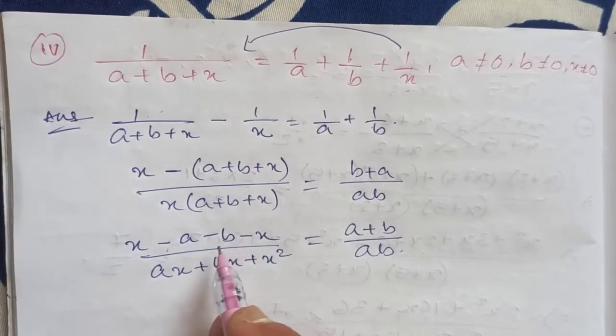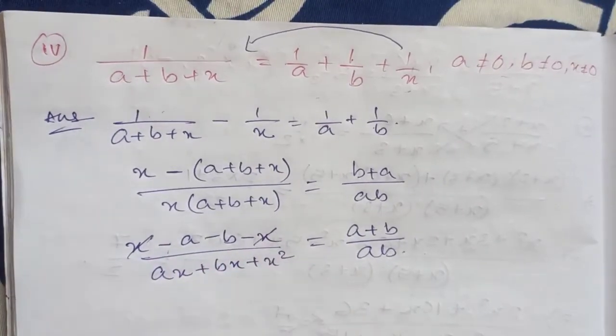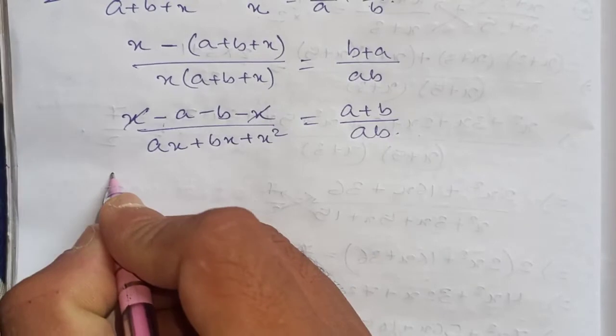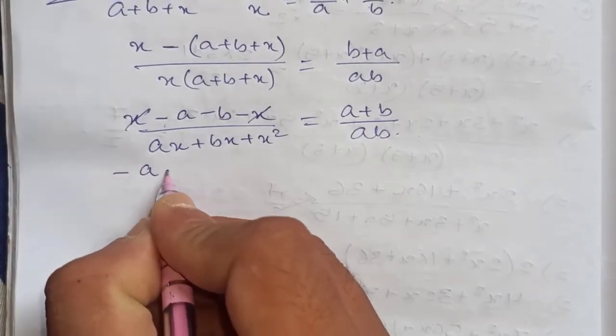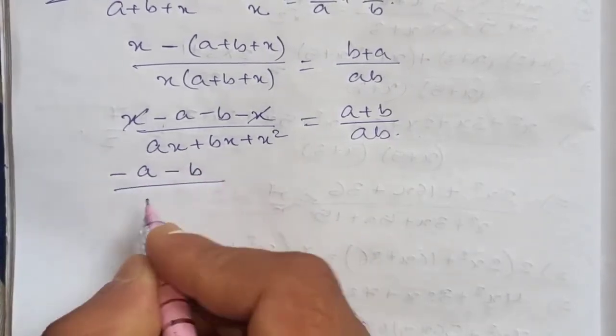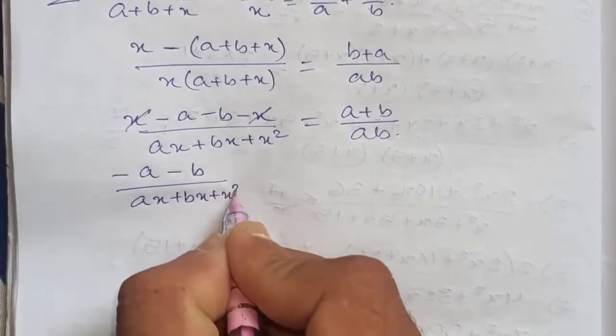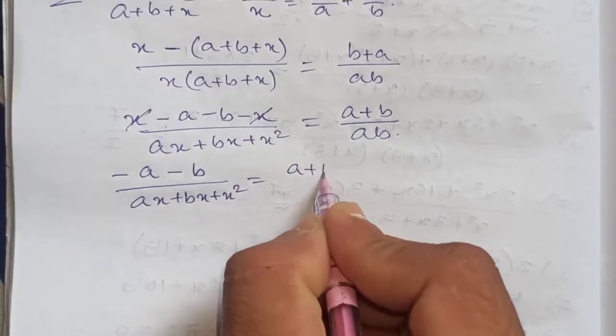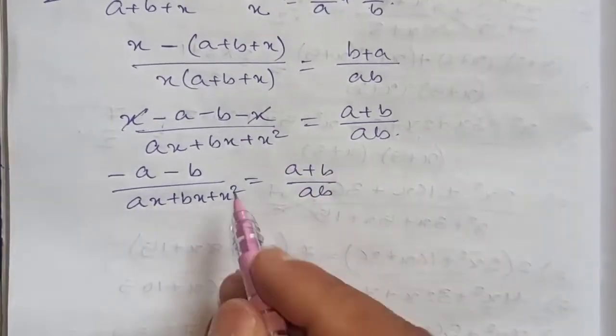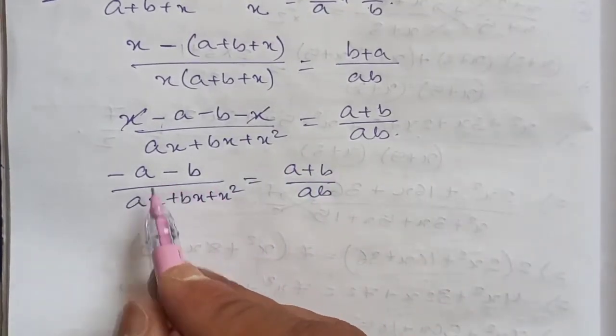Okay, which terms will be cancelled? x and x will be cancelled. We will get minus a minus b by ax plus bx plus x square equals a plus b by ab. Now take out minus common from here.